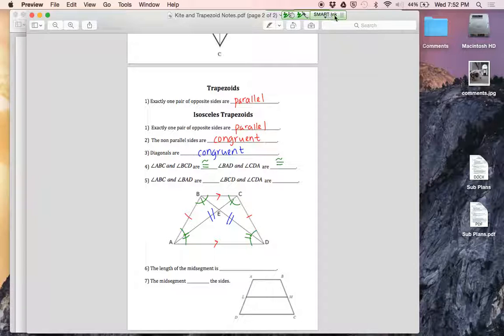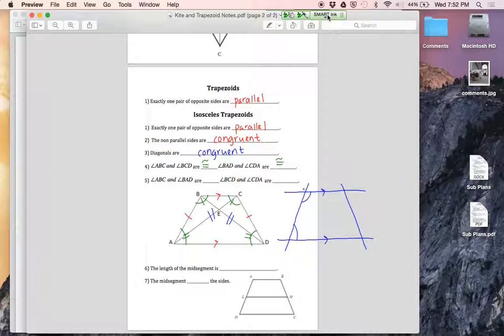Now the one that's a little bit harder to see is this last one. So I'm going to draw a picture here of 2 parallel lines, and we can imagine that there's a trapezoid inside. Well, think back to last unit, or maybe it was a unit before, I don't remember. But this angle and this angle, so ABC and BAD, those are consecutive interior angles. And if you think about those colored dots that I had you guys draw, they would be the opposite color.